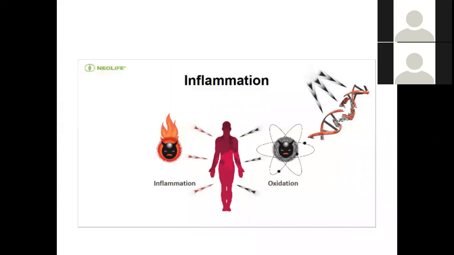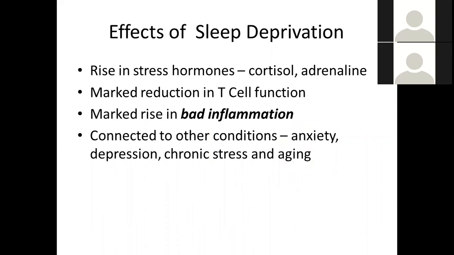So all that is happening, and we call that inflammation. And the effects of sleep deprivation will therefore be that there's a rise in stress hormones, such as cortisol and adrenaline. A rise in cortisol manifests as inflammation and poor blood sugar control as well.